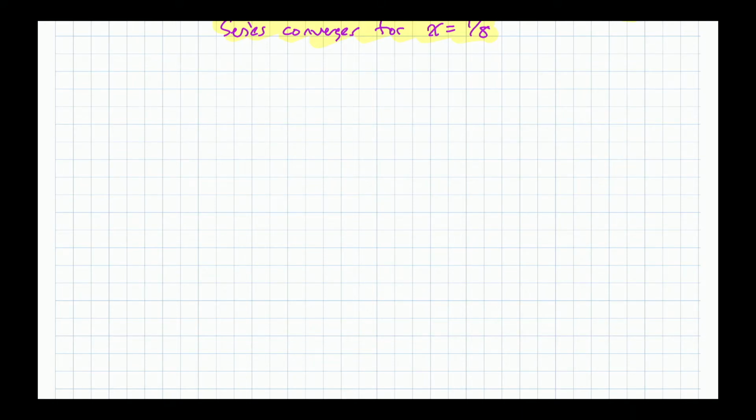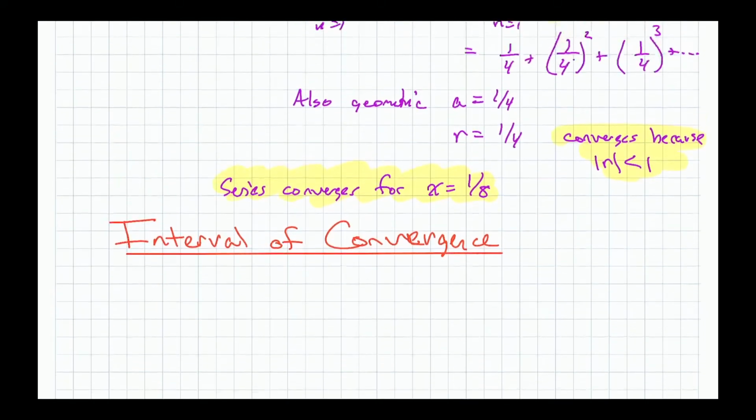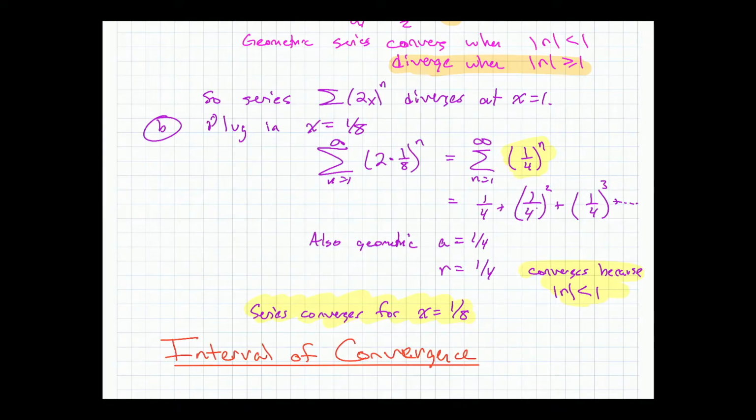Next thing you want to do is you want to know about an interval of convergence. Okay, so what is an interval of convergence? Basically, think about the previous problem. It diverged at x equals 1, right?